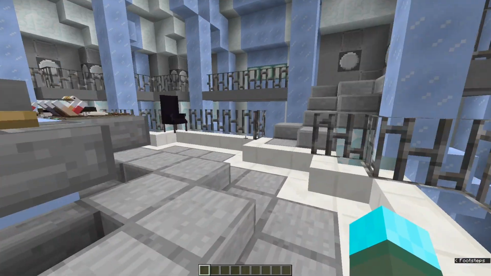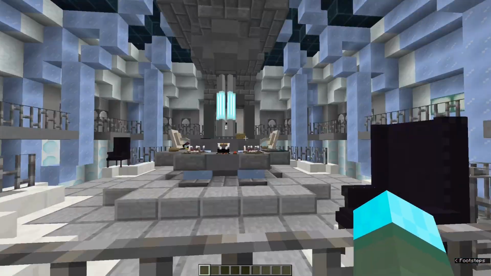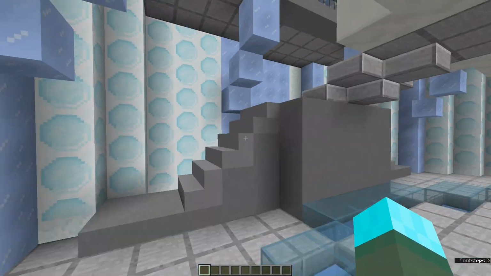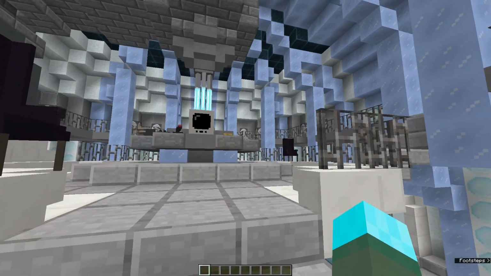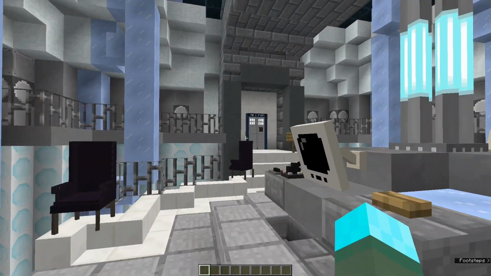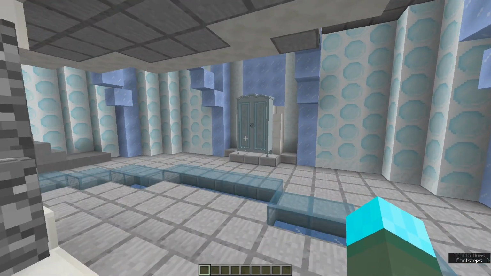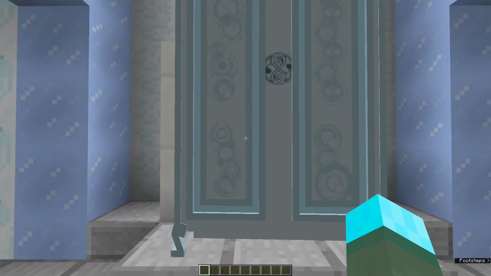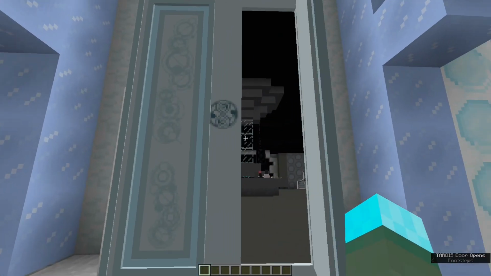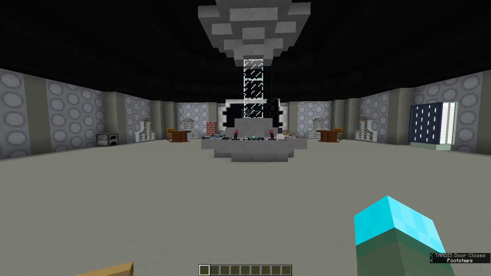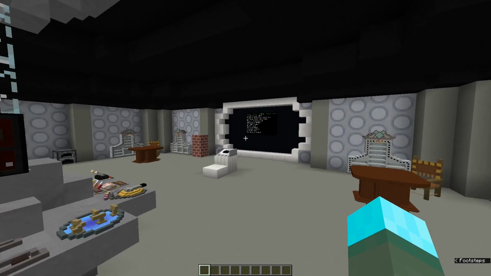Fridge Interior. Gallifrey Wardrobe Interior.